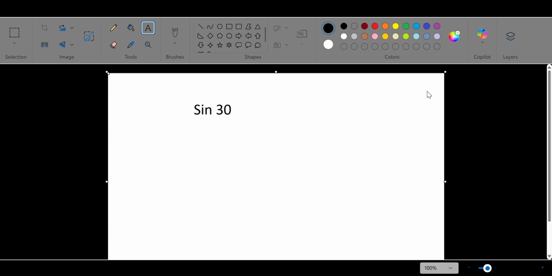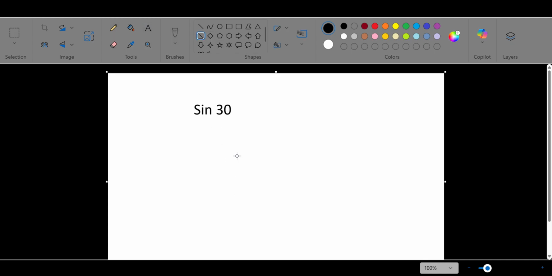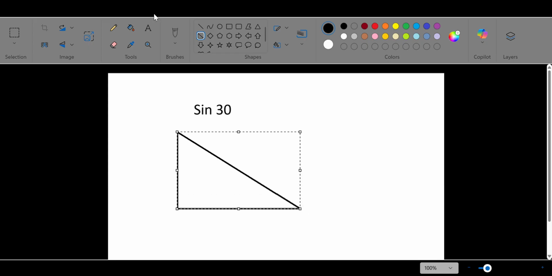Now we need to draw our triangle. This is in Paint, so I can just do that. Make sure to take notes. I know I'm kind of slow, but you can just skip ahead. Now we have square root of 3, and over here we have 1.